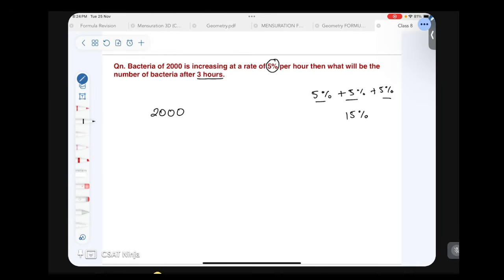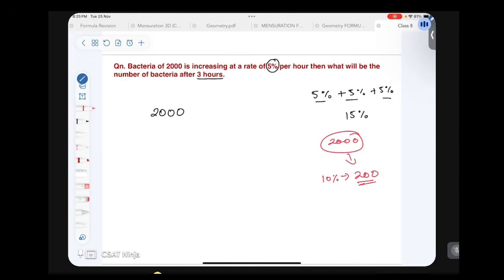I can say that. Or another way, we can also find it: if your income is 2000, what will be your 10 percent? Your 10 percent will be 200 rupees, right? If your income is 2000, your 10 percent will be 200 rupees. Remember this is 10%.